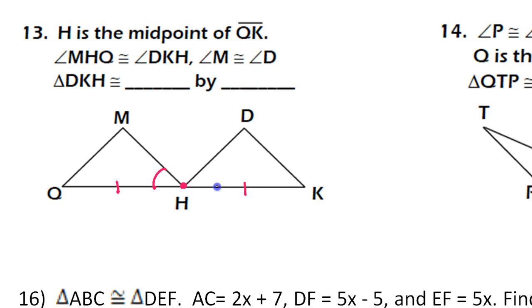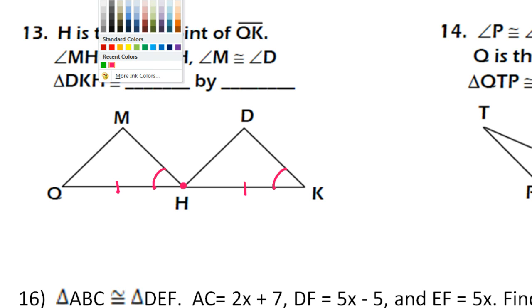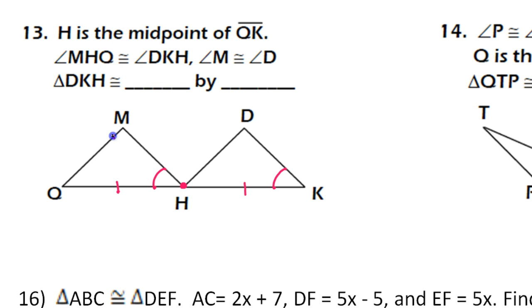DKH is right here, so those are congruent. Angle D is congruent to angle M. Alright, I guess let's keep the same color. So M is congruent to D.